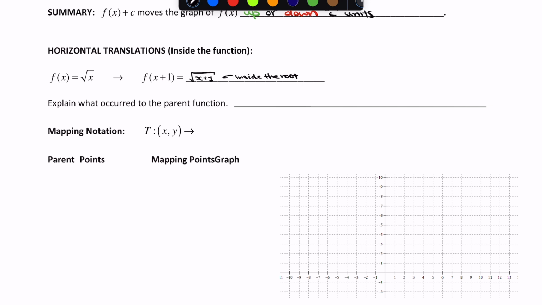And here, anytime that something is inside the function, it's always going to move the opposite to the sign in the bracket. So let's just write that here: always moves opposite to the sign in the bracket.